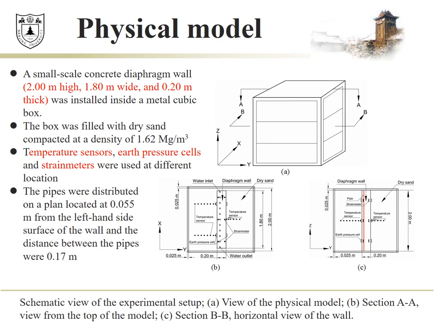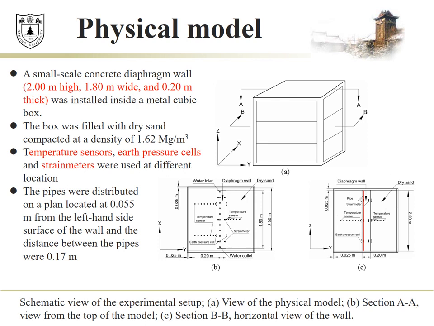The model box was exposed to the indoor air, and the heat convection between the surface and the air is natural convection. The box was filled with dry sand, compacted at a density of 1.62 megagrams per cubic meter.